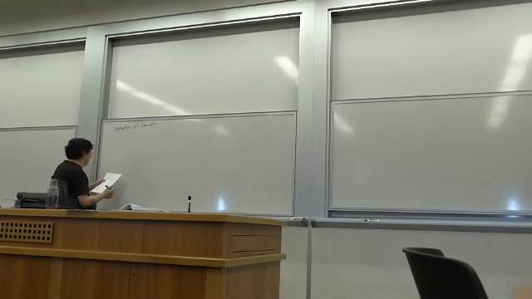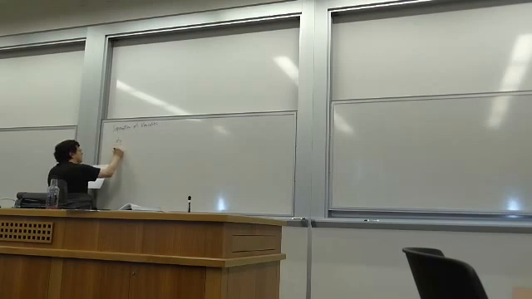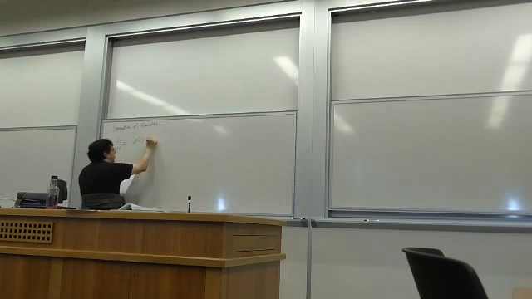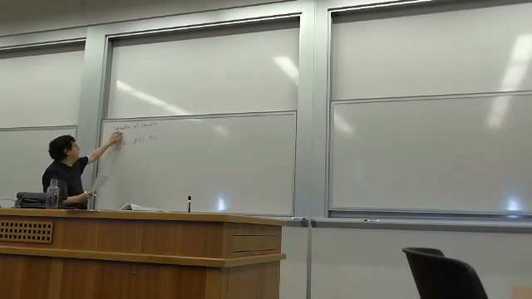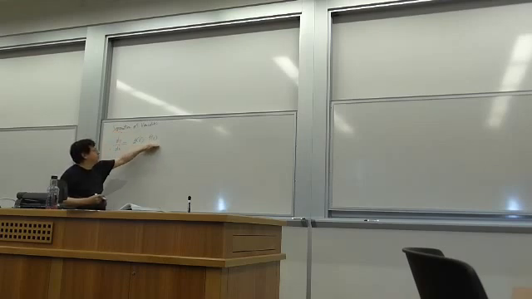In particular, if we have an equation of the form dy/dx, the derivative, is equal to some function of x times some other function of y, that's where the separation comes in. The x's and the y's are a product, so they're separable.